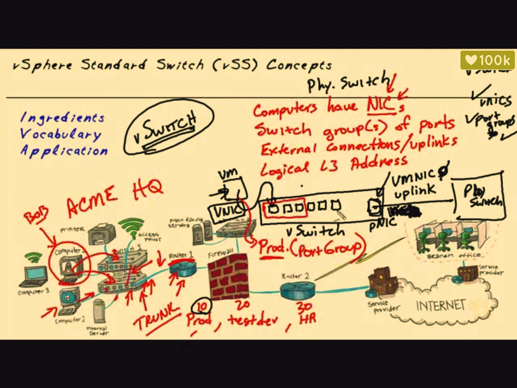That would be really important in order for the vCenter server to manage that ESXi host. So although the virtual switch itself doesn't get assigned a logical layer 3 address for management, there is a special type of port, I'm going to go ahead and put that in blue right here, that we can configure and associate with a switch.